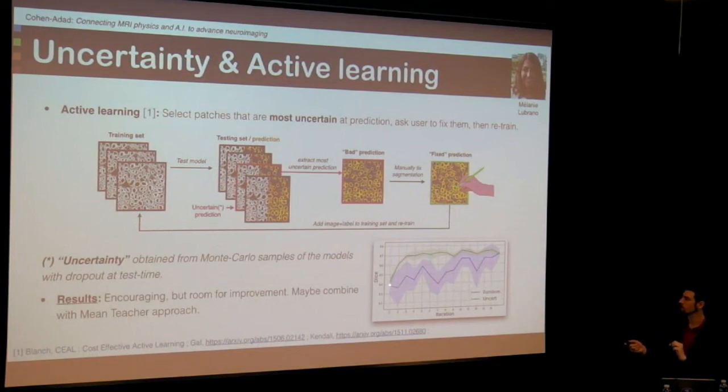And what we see is that if we select the labels that are known to be the least certain, we end up improving the performance of the model much faster compared to the random selection. So that's just a demonstration that by doing this active learning approach, we can train models in a more efficient way with less burden for the users.